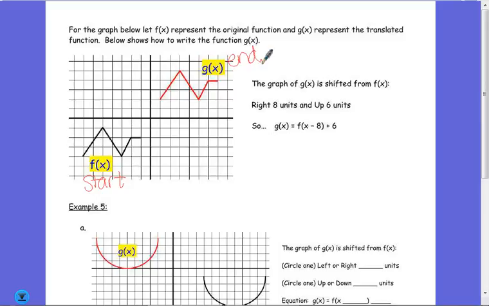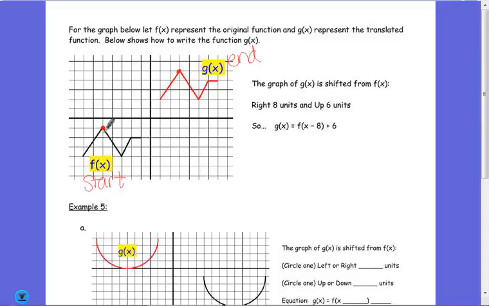And all we're going to do is simply talk about the left and right and up and down. So as it says here, the graph of g of x is shifted from f of x. So we went from here to here. I am going to pick one point to compare. I'm going to use this dot right here, and I'm going to compare it to that dot right there.